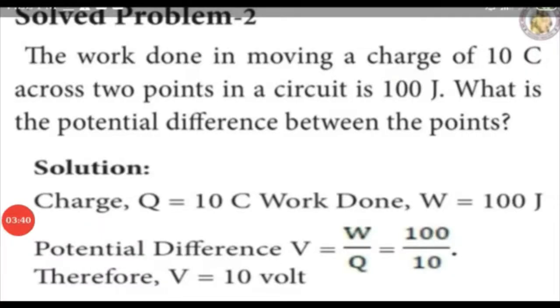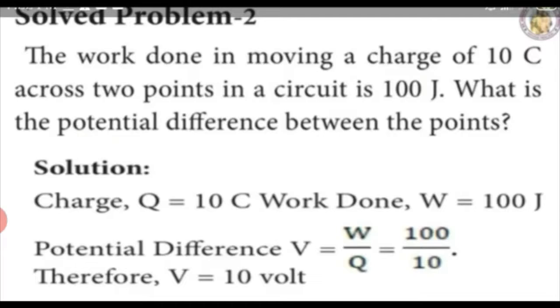Next, solved problem 2. The work done in moving a charge of 10 coulomb across 2 points in a circuit is 100 joule. What is the potential difference between the points? Here we want to find the potential difference between the points.